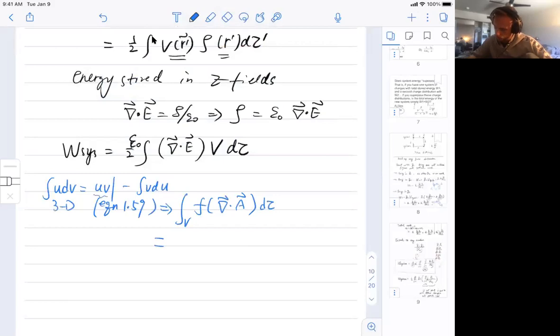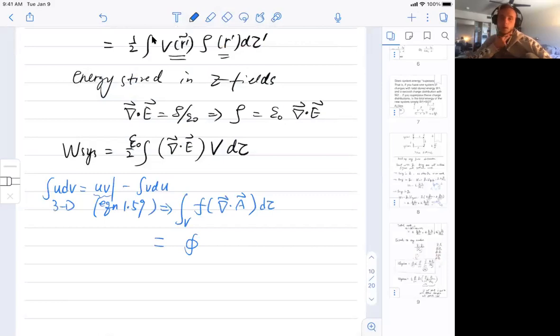first of all, you have these two at the boundary. So you have the boundary of d tau, the closed surface, right? So you think of the balloon, it's the outer rim of the balloon.